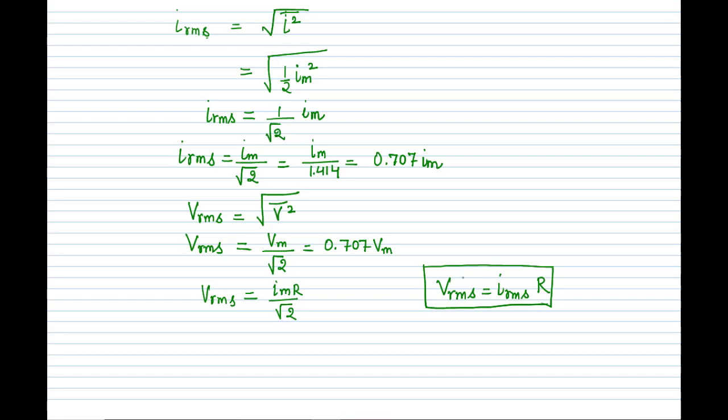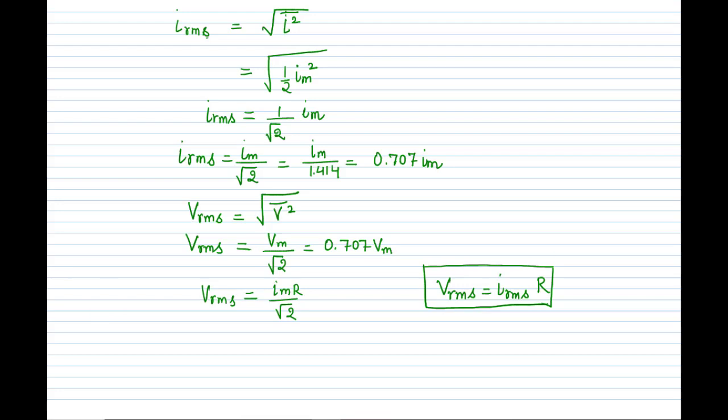Why are we calculating these root mean square values? Because whenever you are using alternating current, always remember this very important thing: we use the root mean square value as the effective current and effective voltage.